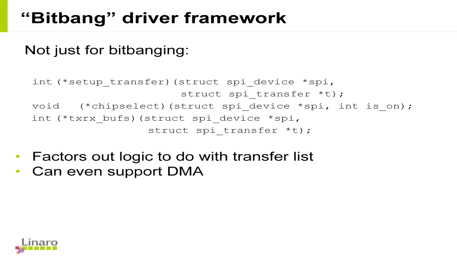And there's a TXRX buffers function, which is called to do the actual interactions with the device. So this factors out all the complicated logic, or most of the complicated logic, which is nasty for drivers to implement. And it can actually support drivers that want to do DMA. There's no reason why you can't do anything you like inside TXRX buffers.